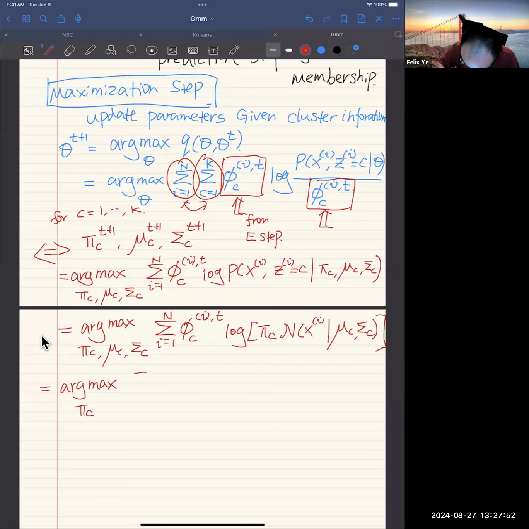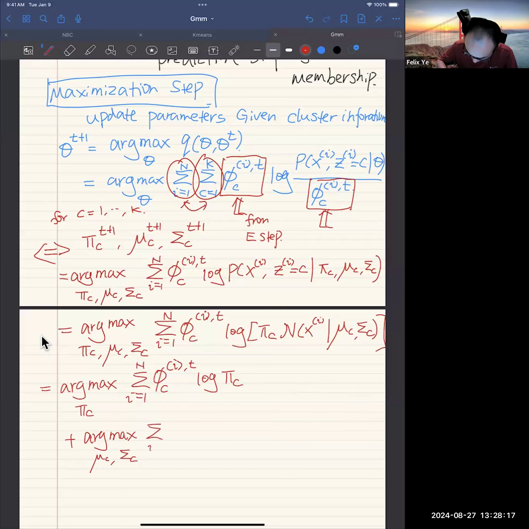So we have a pi c term: summation i from 1 to n, phi c i, log of pi c, right? And a separate summation, argmax over mu c and sigma c, from 1 to n, phi c i, times the log Gaussian of mu c and sigma c.